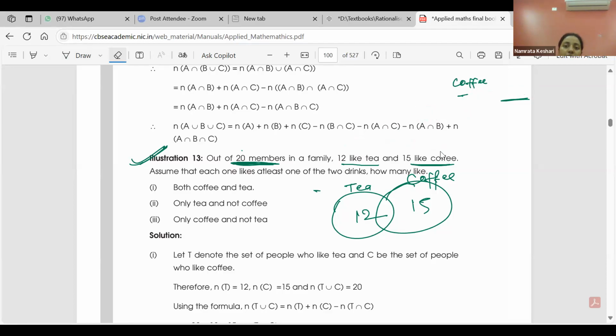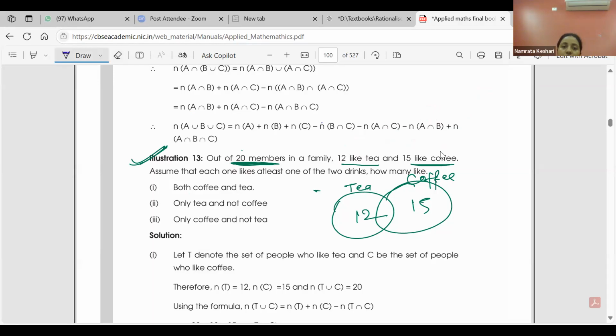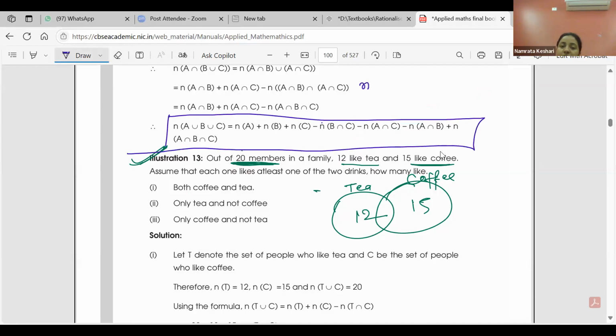Here there is a formula which Manvi knows, the union intersection formula. The basic formula is n(A union B) equals number of elements in A plus number of elements in B minus number of elements in A intersection B. So we will use this formula.